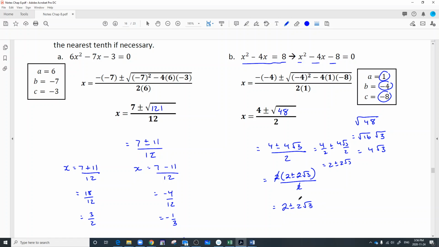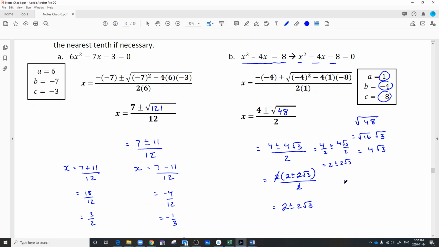These are my exact simplified solutions, but it also said to give the answer to the nearest tenth. Now, if they didn't ask you to simplify or give exact solutions, if they just wanted your answers to the nearest tenth, I highly recommend plugging this into your calculator. I'm going to get rid of that equal sign.